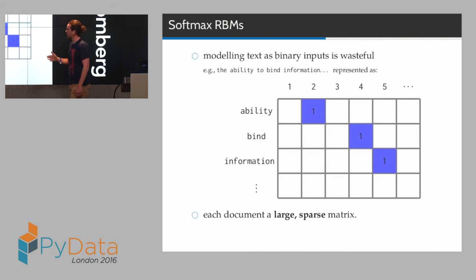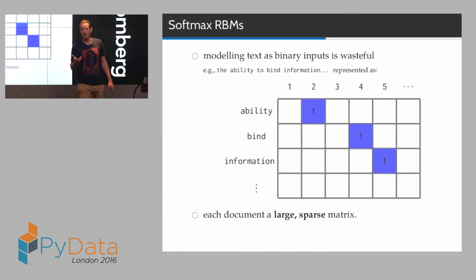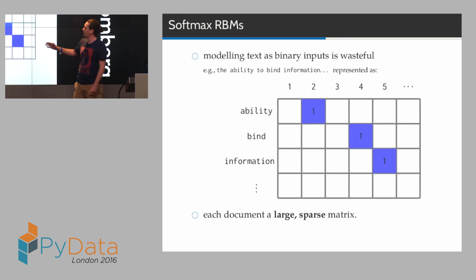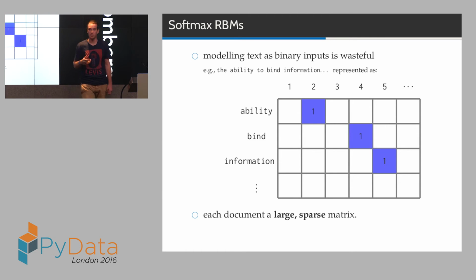This vector here would be a 1 because ability is the second entry of that sentence, and all other entries in this column would be 0. Similarly, these two entries would be 1 because bind and information are the third and fourth entries of that matrix.